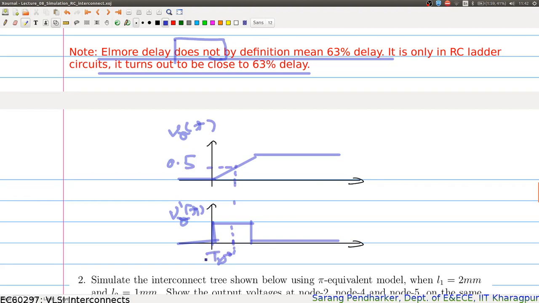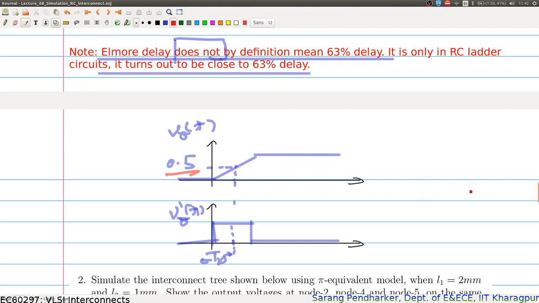It depends on the shape of this waveform. So by definition, I am again re-emphasizing, Elmore delay does not mean 63% delay. For example, if my output was linearly varying, I would get my delay to be around 50%. Elmore delay would be my 50% delay for a linearly charging capacitor.